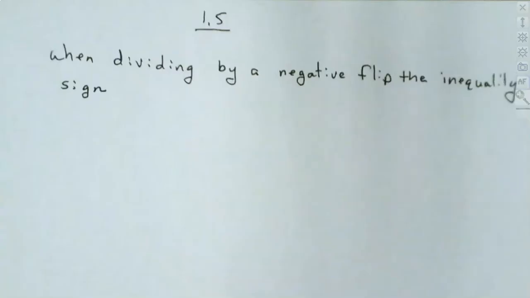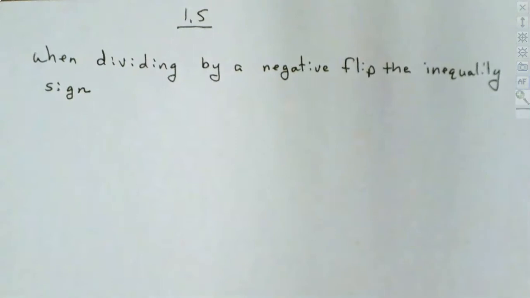Okay, so very, very important. Whenever you divide or multiply, but normally it's divide. So when you divide by a negative number, you're going to have to flip the inequality sign.